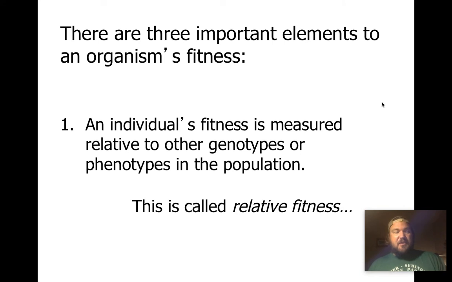It doesn't matter if you have one offspring and everyone else has 0, or if you have 101 offspring and everyone else has 100. Your relative fitness is more or less the same. You're leaving one more individual per generation than everyone else. So again, it's not the total amount of offspring you leave, it's how much you leave relative to everyone else.